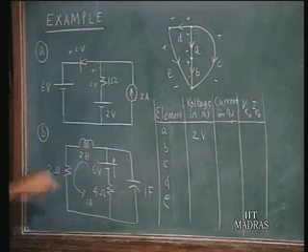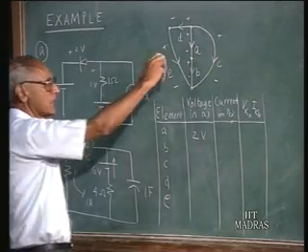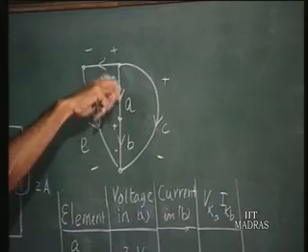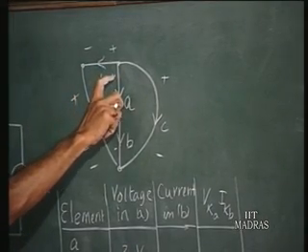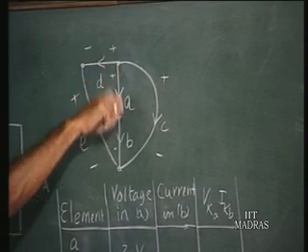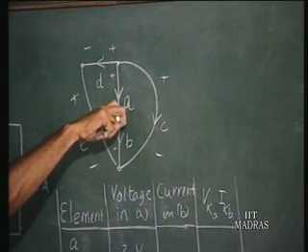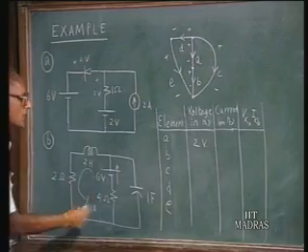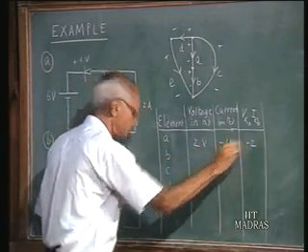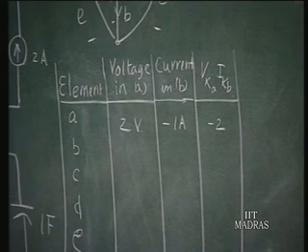But in application of Tellegen's theorem, we must have a uniform convention. The current in an element must be in the same direction as the drop in voltage from positive to negative. Therefore, if you take this as a positive reference direction for current, the current here is upwards. Therefore, I must write this as minus 1 ampere. Therefore, the product is minus 2. That's how it will be.